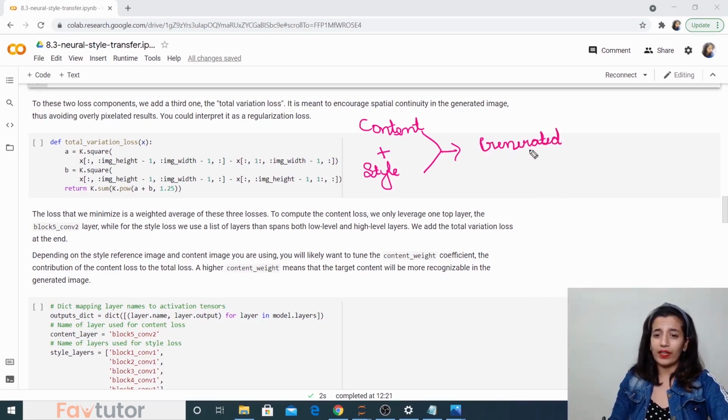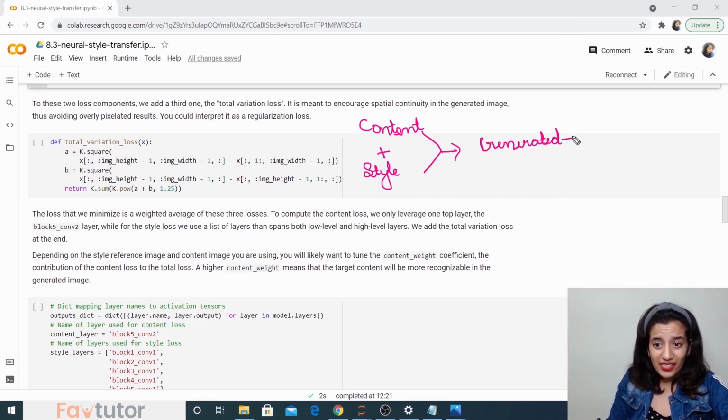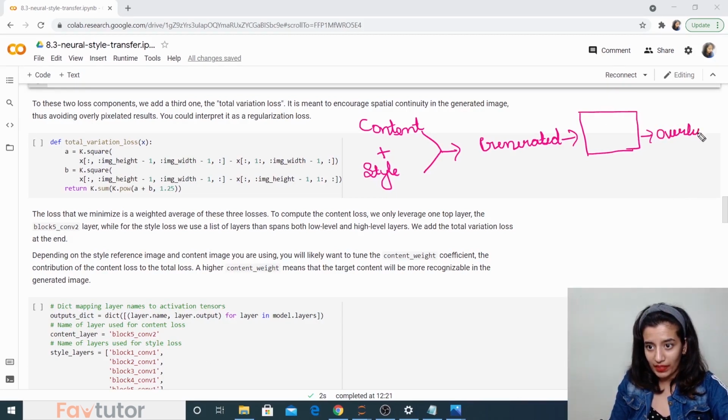That is what we will get, a generated image. This generated image should not have more pixels or overlying pixels. So what is the meaning of overlying pixels?